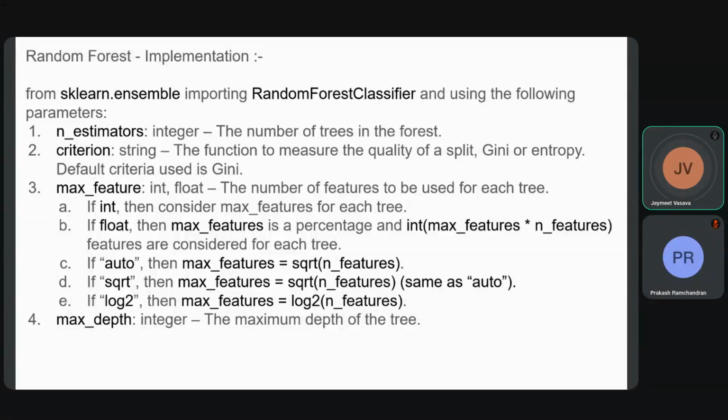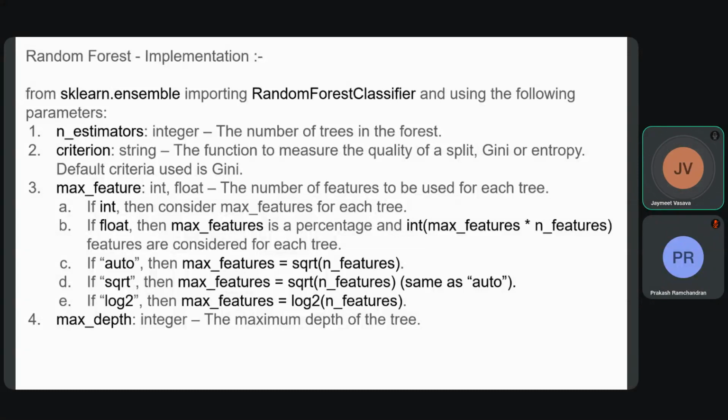If int, then consider max features for each tree. If float, then max features is a percentage, and the features considered for each tree are max features times n features. And if kept on auto, the max features are the square root of n features.